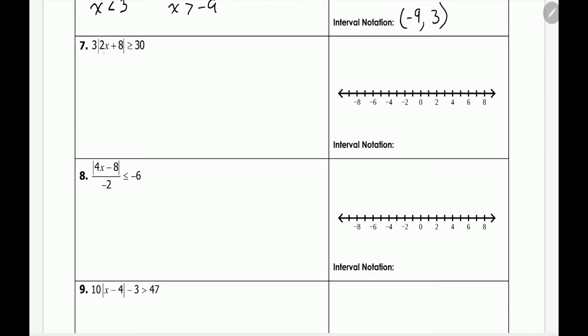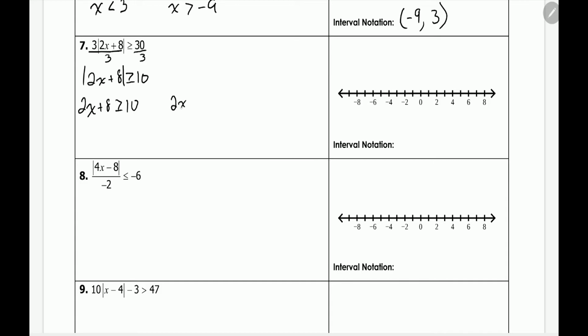First step is to isolate the absolute value. So we're going to divide both sides by 3. We now have the absolute value of 2x plus 8 is greater than or equal to 10. Now what we have to do is break apart the absolute value. So we keep it the same, 2x plus 8 greater than or equal to 10.